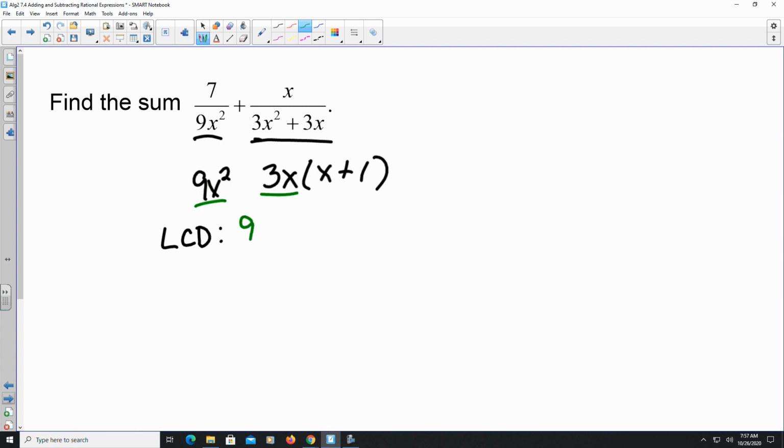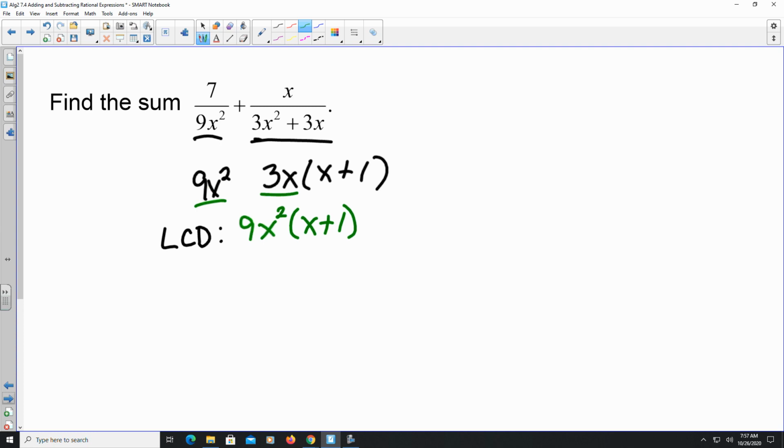And they both have a variable x, so I'm going to write that in. And the largest exponent between the two terms is squared, so I'm going to write in x squared. What's left over is this x plus 1, so I'm going to fill it in with x plus 1. So my LCD in this scenario is 9x squared times the quantity of x plus 1.